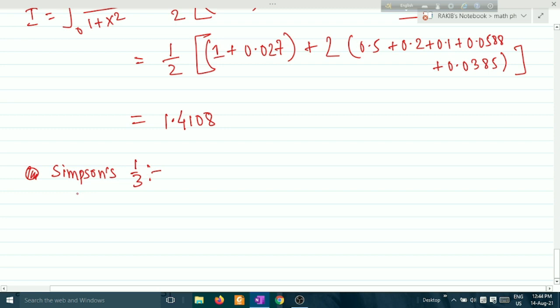Now going to Simpson's 1/3 rule. What is Simpson's 1/3 rule? The integration from 0 to 6 of 1 by 1 plus x square dx will be solved by Simpson's rule.